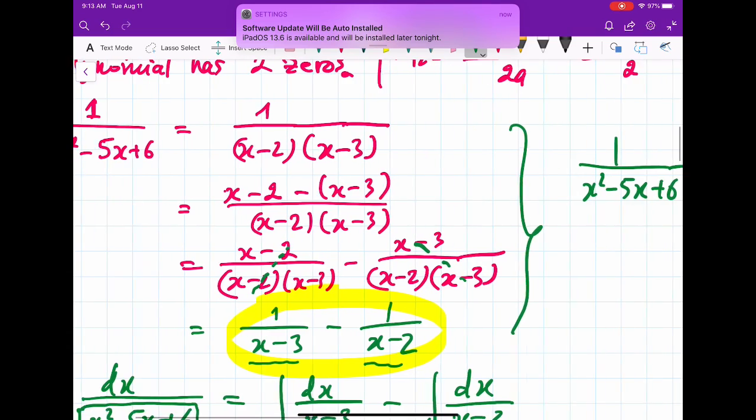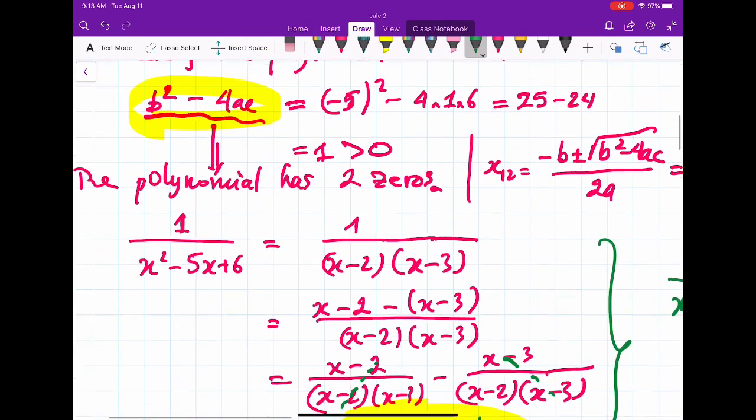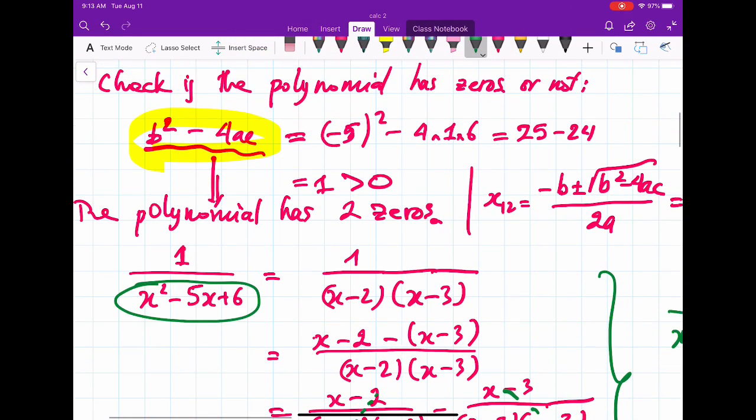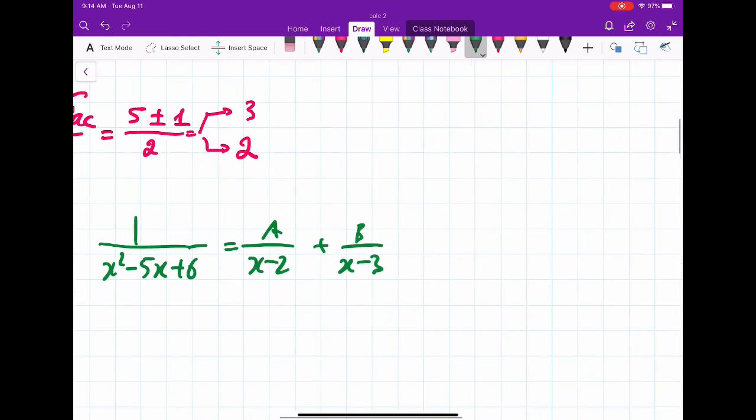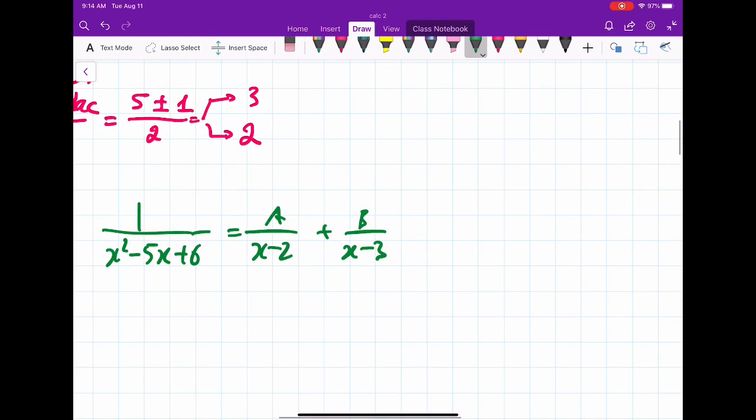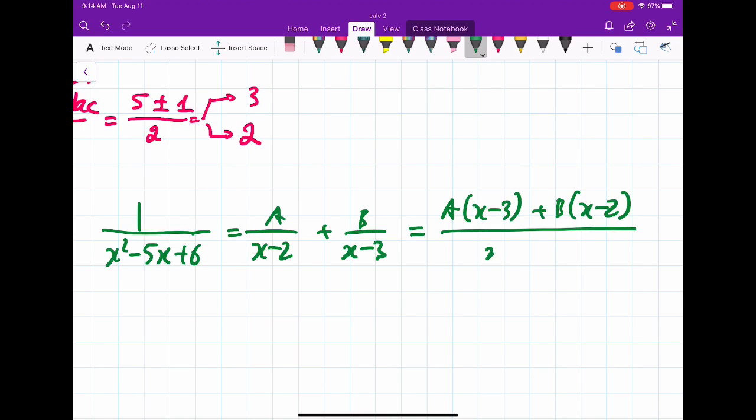Because we already found that this polynomial has 2 zeros, 2 and 3. So, we need to factor this, right? And then once we factor that, we can rewrite as this form. And then, again, I need to write a times (x minus 3) plus b times (x minus 2), divided by (x minus 2) times (x minus 3).